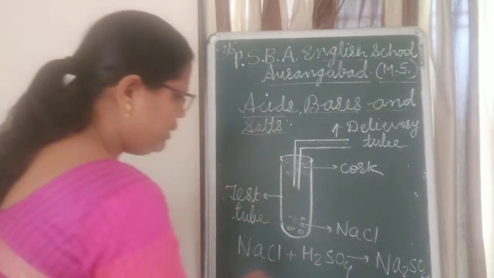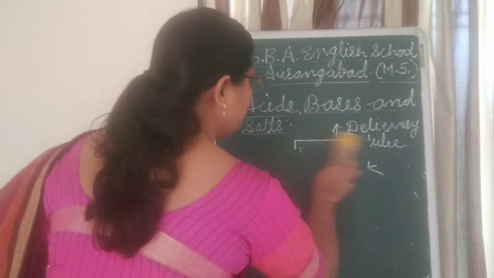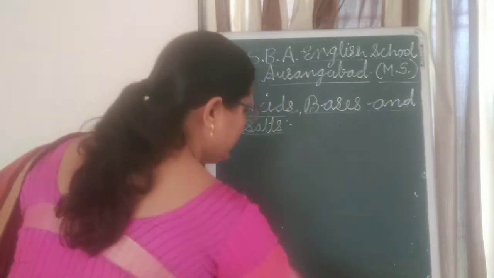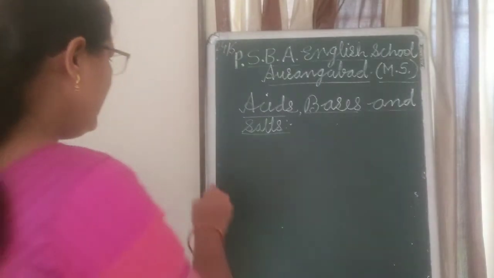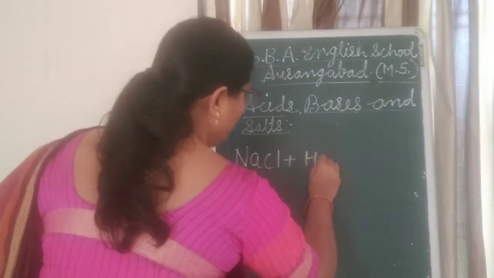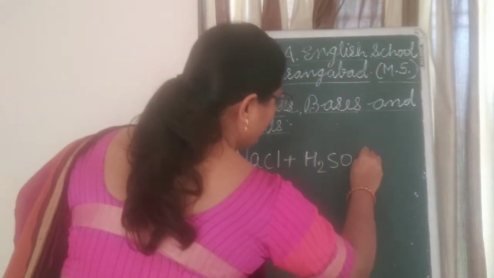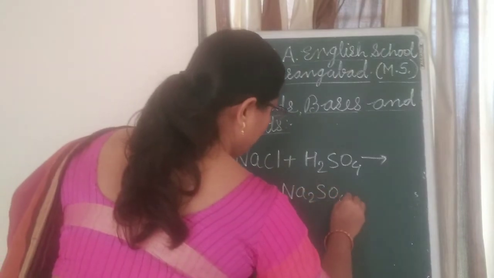Here, if we balance the reaction, I will write this reaction again: NaCl plus H2SO4 gives Na2SO4 plus HCl.